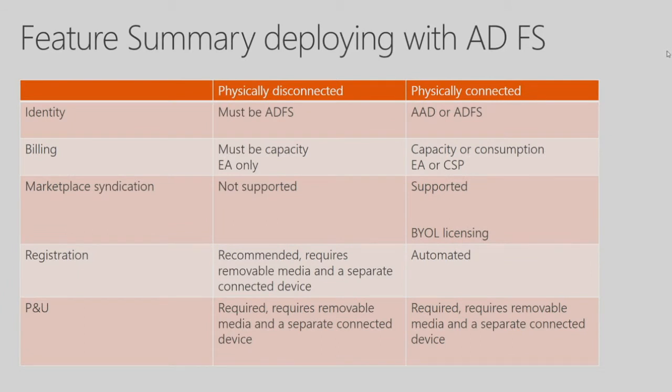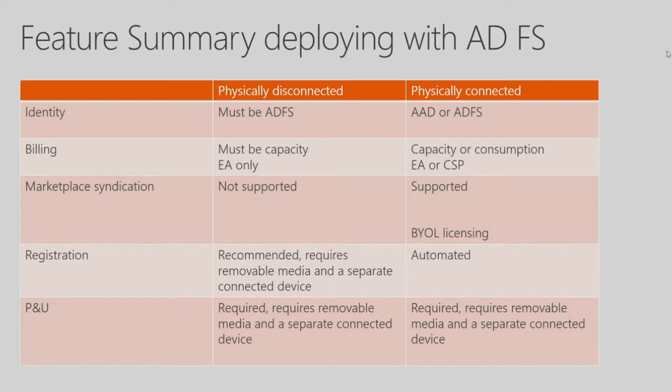I've put this slide in as a feature summary when deploying with ADFS because we've seen several discussions in the past. So again, Azure Stack allows you to deploy in physically connected scenarios, but also in disconnected scenarios. What does it mean for identity? When I'm physically disconnected from the internet, when I'm on a ship, the only way for me to deploy from an identity perspective is ADFS.